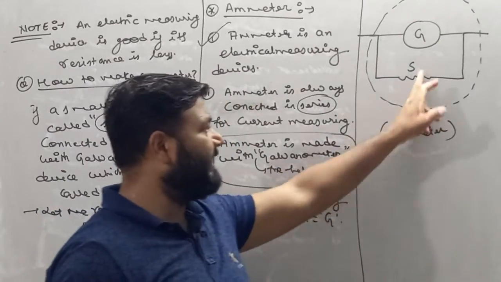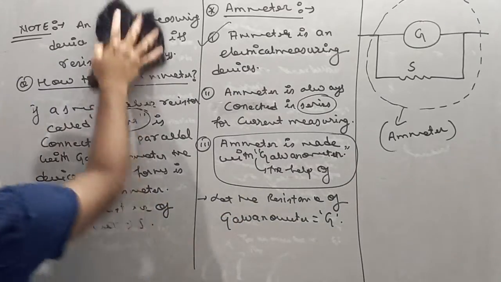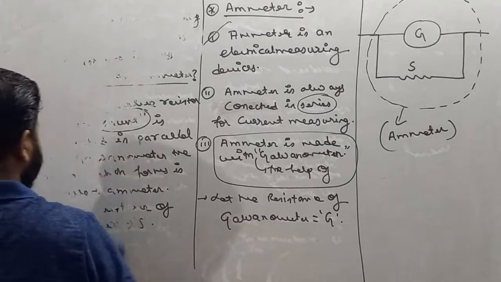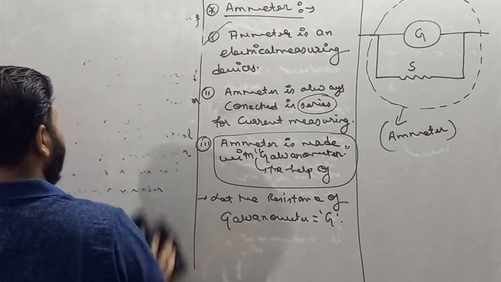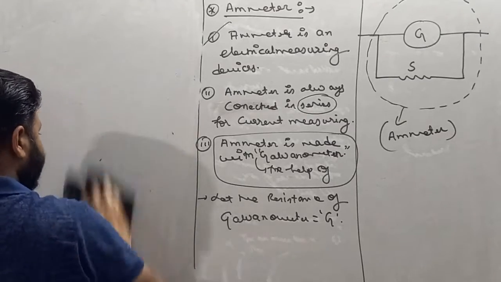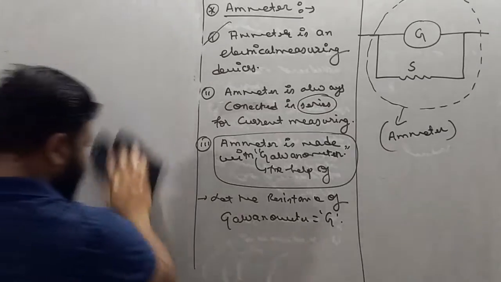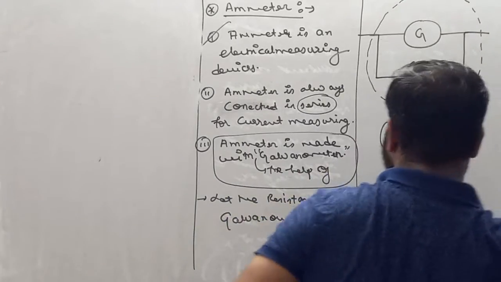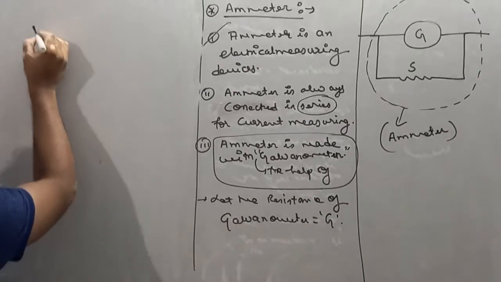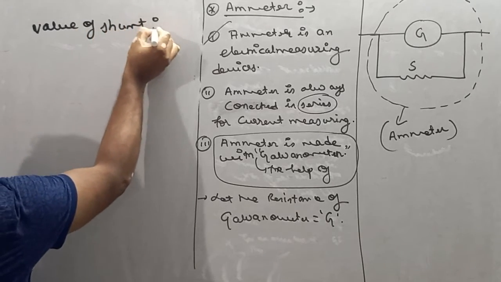Now we have to find the value of the shunt. So write down the value of the shunt. I hope you all understand, it's very easy to understand, my dear student. Now we have to discuss the value of the shunt.